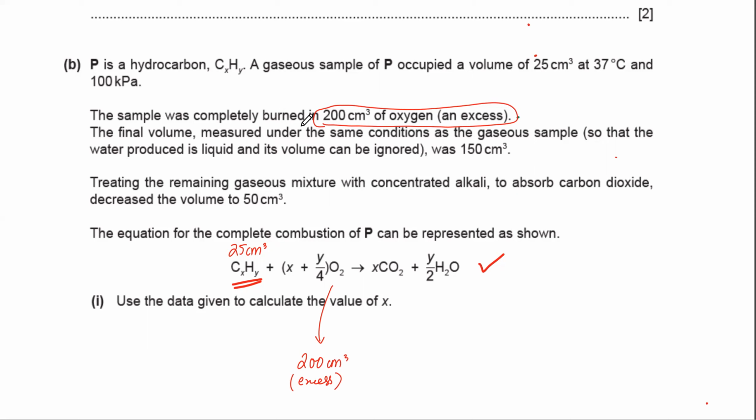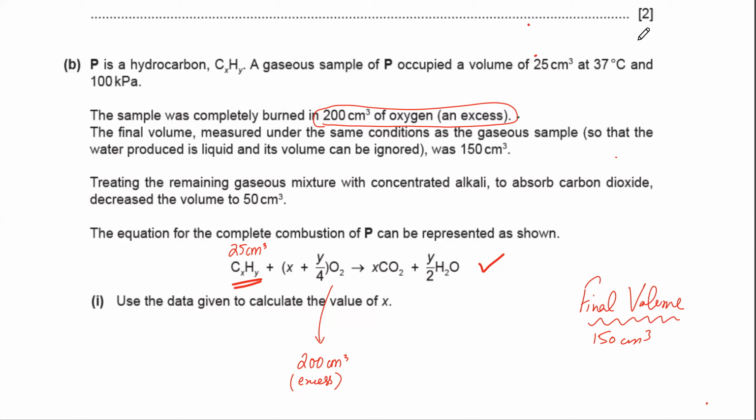And then this reaction happens, and you have a final volume of the gases. He's saying the final volume measured under the same condition as the gaseous sample was 150 cm cube. So what is this 150 cm cube? Once this reaction happened, the final volume of the mixture was 150 cm cube.